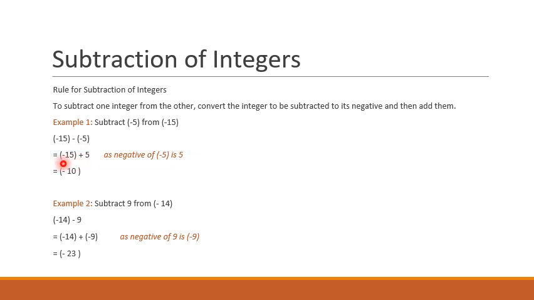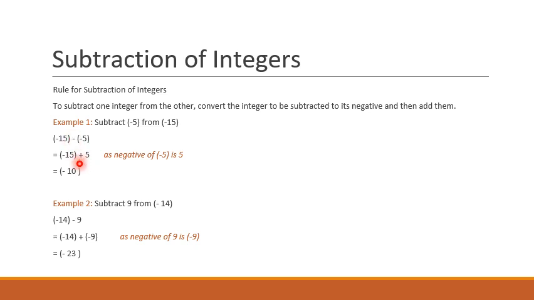Now keep in mind that the first integer remains same. There is no change in the first integer. Here it was minus 15 and we will write it as minus 15 only. We have to only change the integer which is to be subtracted and minus sign changes to plus 5.